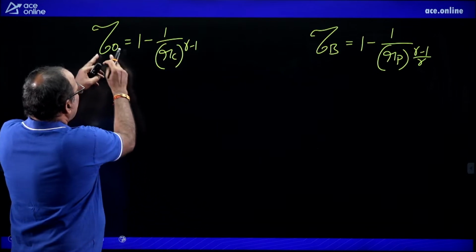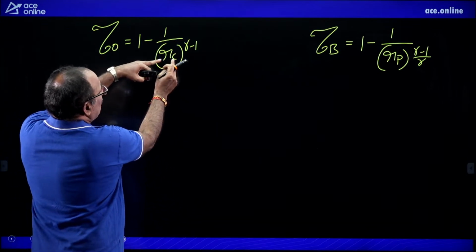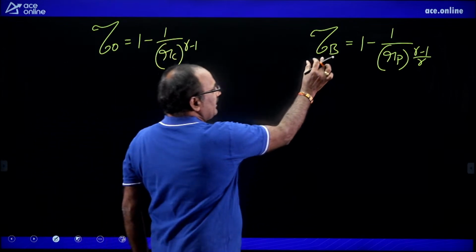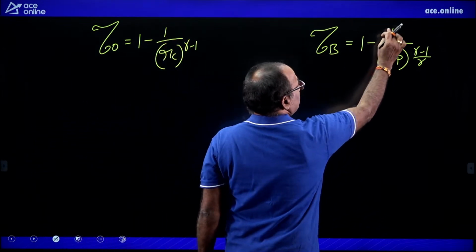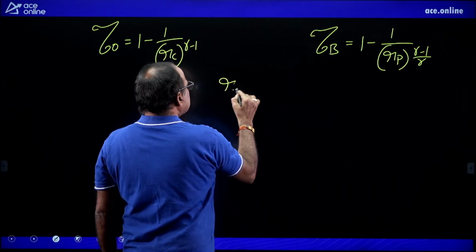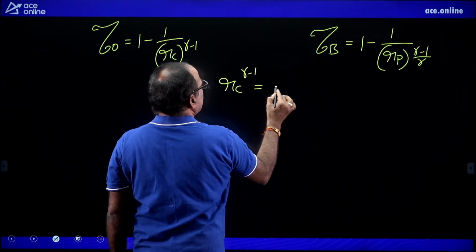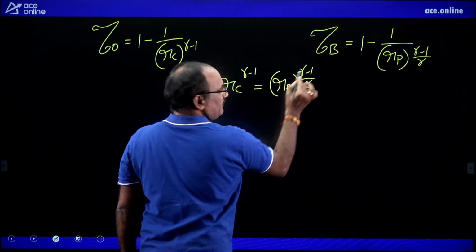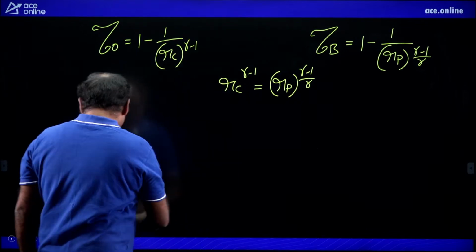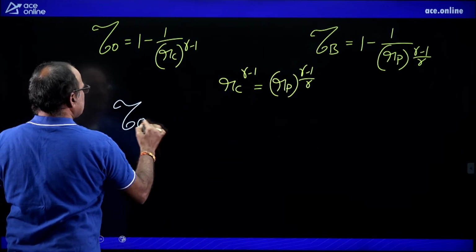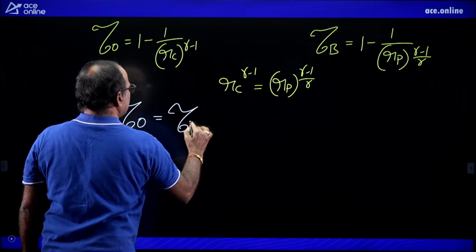Here, Otto cycle efficiency equals 1 minus 1 by RC power gamma minus 1, whereas Brayton cycle efficiency is 1 minus 1 by RP power gamma minus 1 by gamma. But we proved that RC power gamma minus 1 is equal to RP power gamma minus 1 by gamma. From that, what is the moral? For the same compression temperature limits, Otto cycle efficiency is equal to Brayton cycle efficiency.